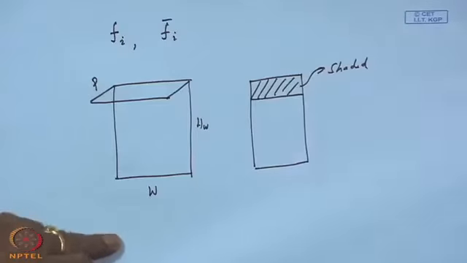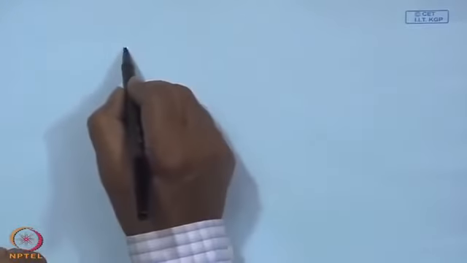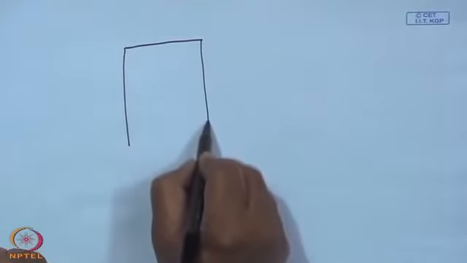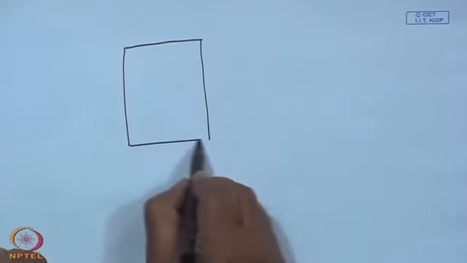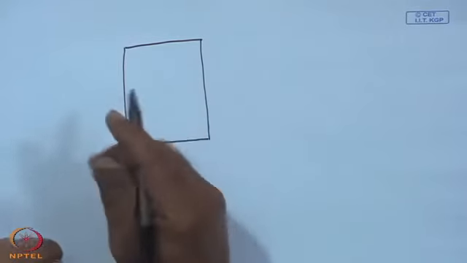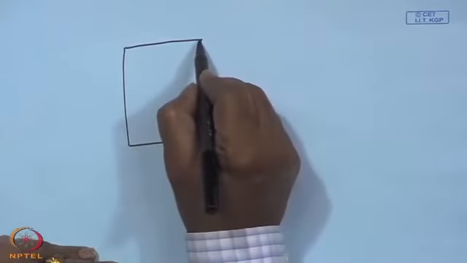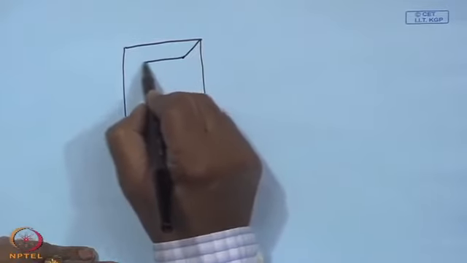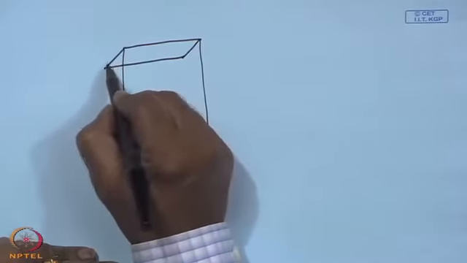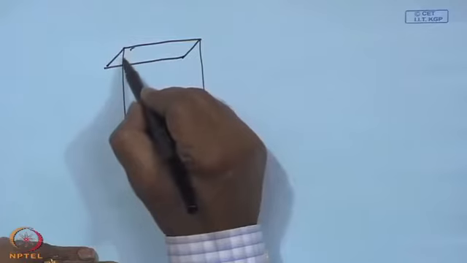This is only to recapitulate what we did earlier and to emphasize the complexity involved in calculating the shading factor, though it is very easy to understand that a projection will cast a shadow, and it could be like this. Okay, this is the shaded area.